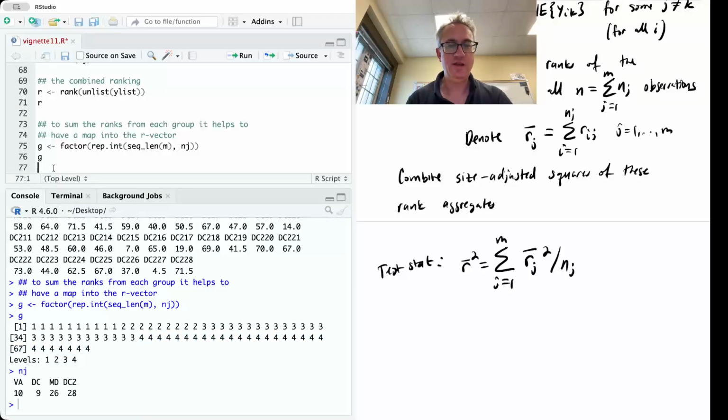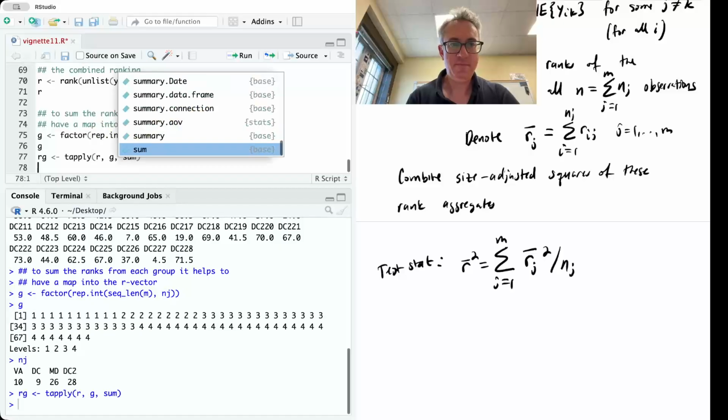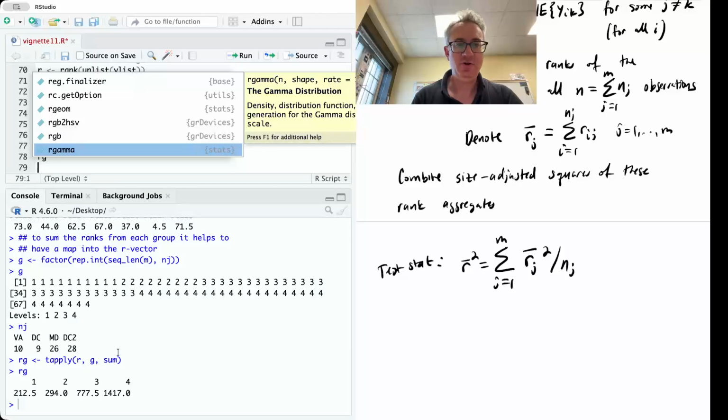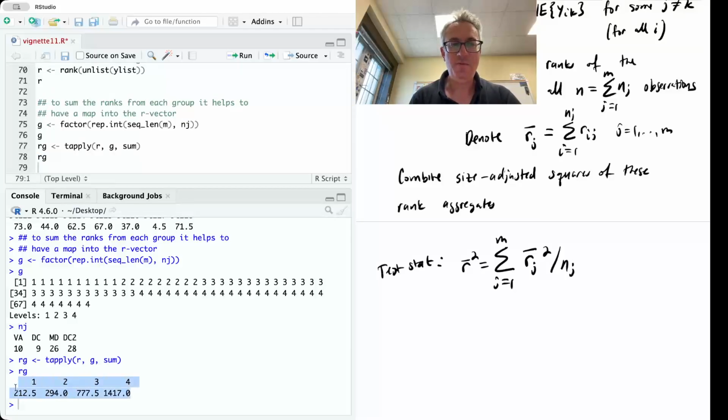Once I have that set up, I can do the group ranking as tapply rg sum. There's many ways that you could do this, but I really like this. I think this is the tidiest shorthand to get the R bars for each group, because then I can just sum them up with sum of rg squared divided by nj.